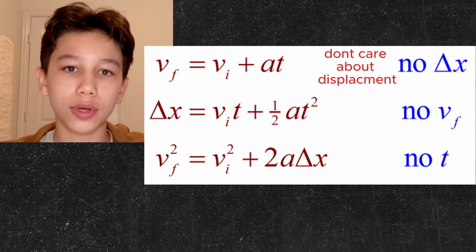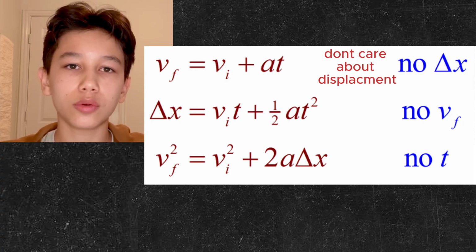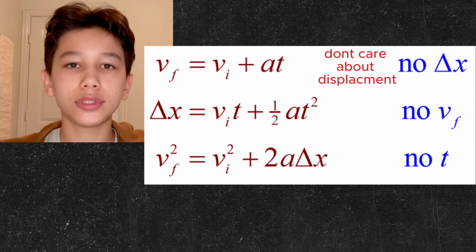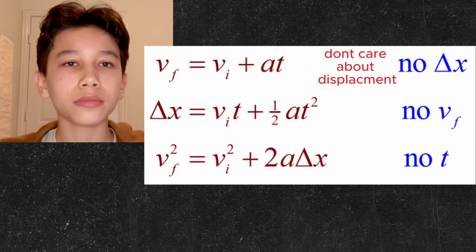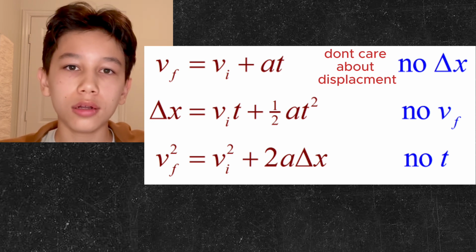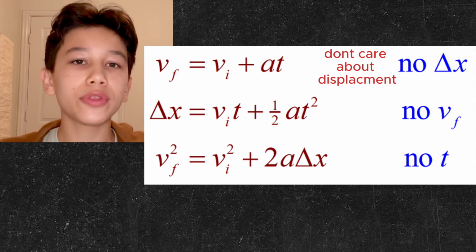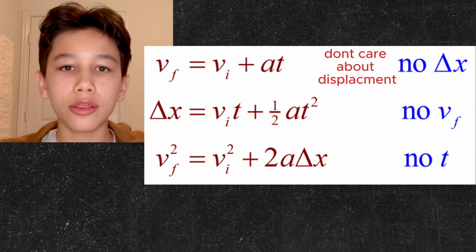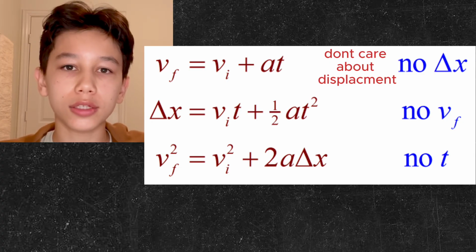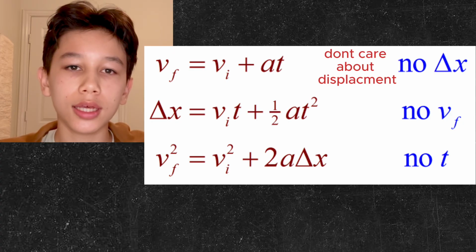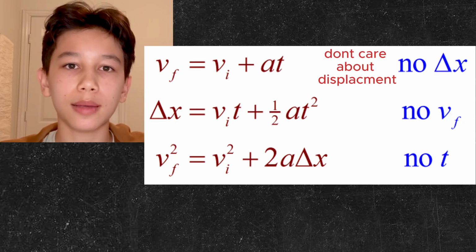The second part of the equation, plus 1/2 at squared, basically gives you the distance you gained from how fast you're accelerating. So let's say you're moving in a car, if there was no acceleration in the car, then a would be 0 and the equation would cancel out to change in position is equal to the initial velocity times how long you're going.